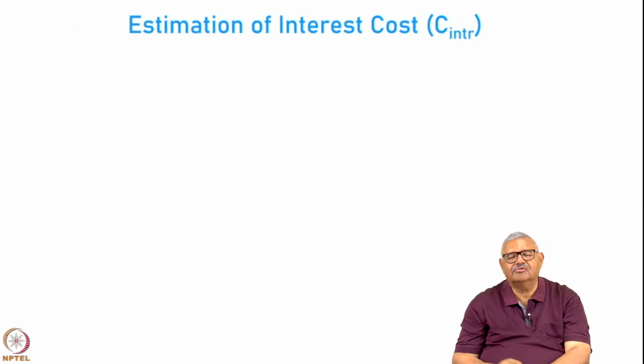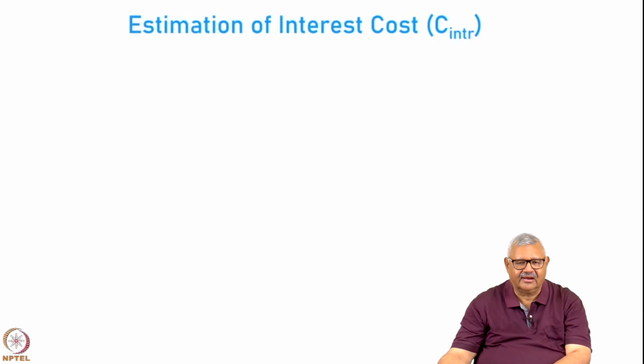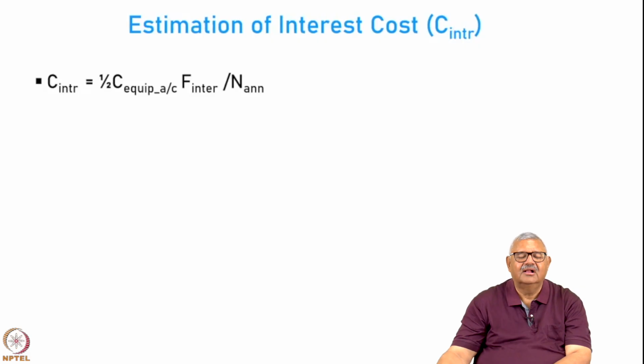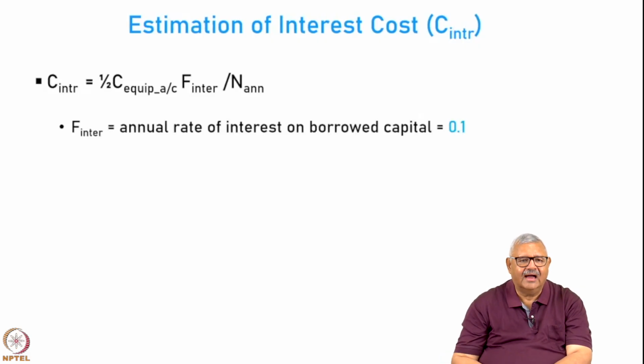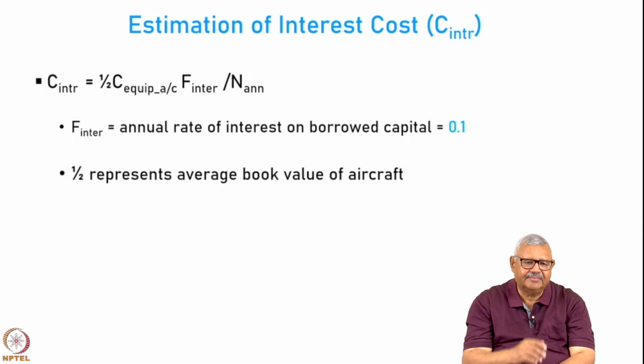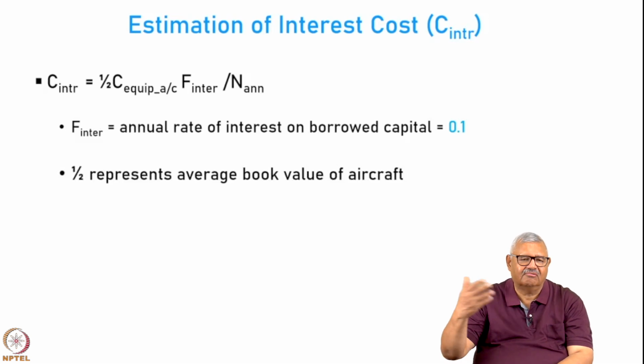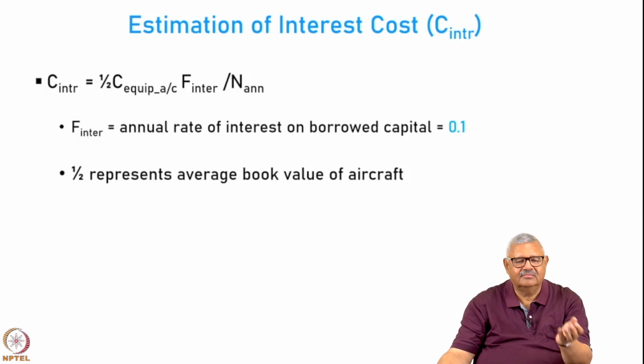Okay. Now, let us look at the estimation of interest cost, the second term of the standing charges. So, here we assume that the aircraft is procured using 10% interest, and half represents the book value of the aircraft. The book value, I am just assuming that at any given point of time it is like 1 plus 0 upon 2.